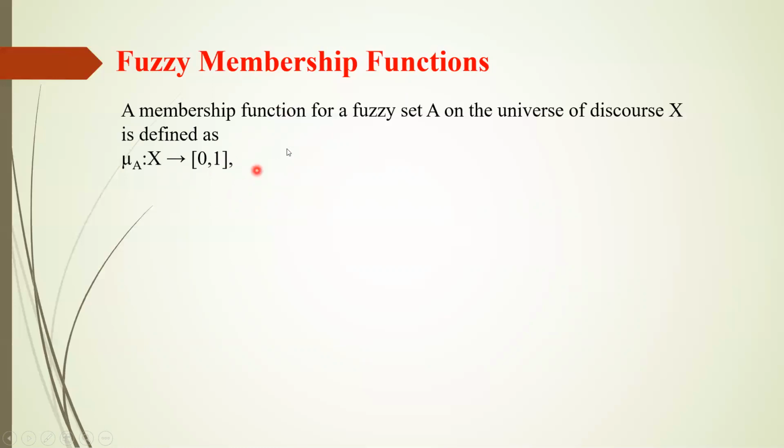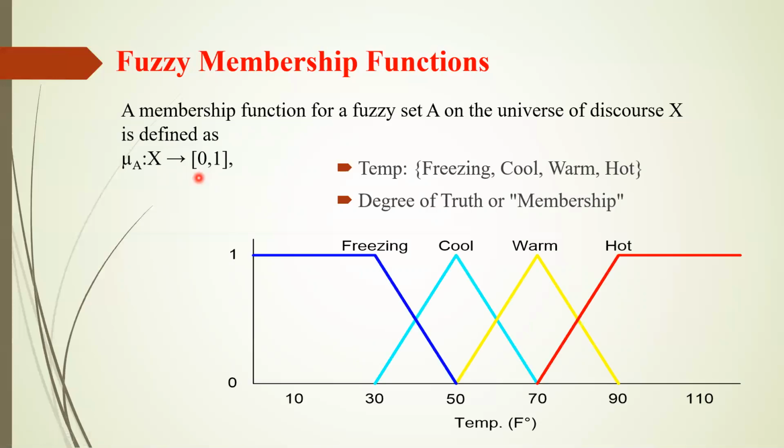A membership function for a fuzzy set A on the universe of discourse X is defined as a function whose values are in the range between 0 and 1. Membership functions allow you to quantify linguistic terms and represent a fuzzy set graphically.